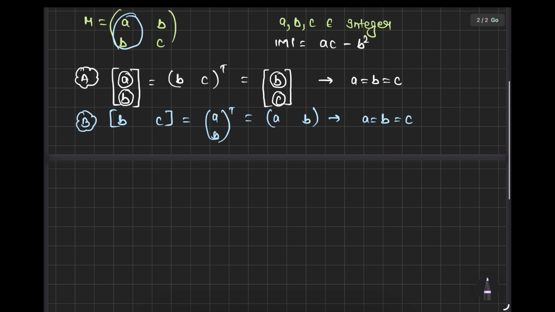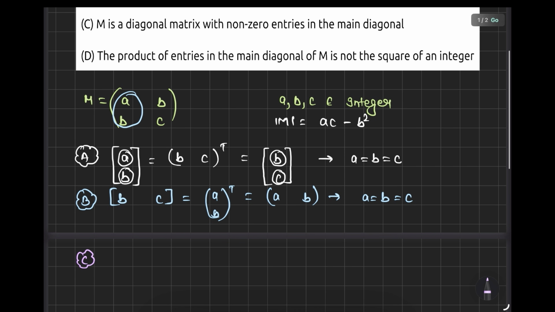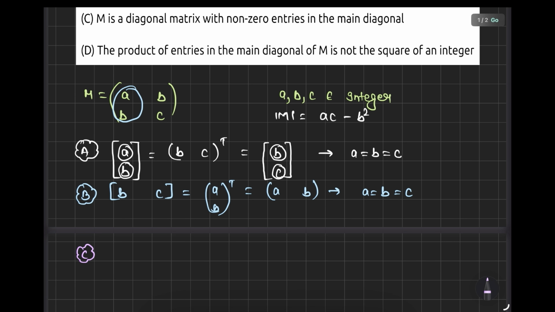Now let's jump on to option number C. Okay, look at this. Now what they are saying, M is a diagonal matrix with non-zero entries in the main diagonal. So there is some M, and M is a diagonal matrix.